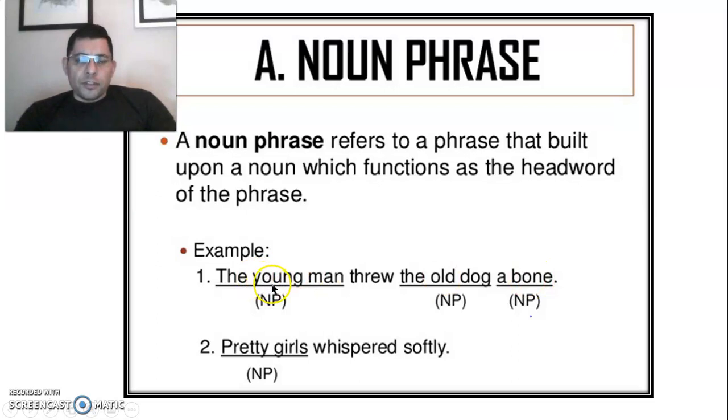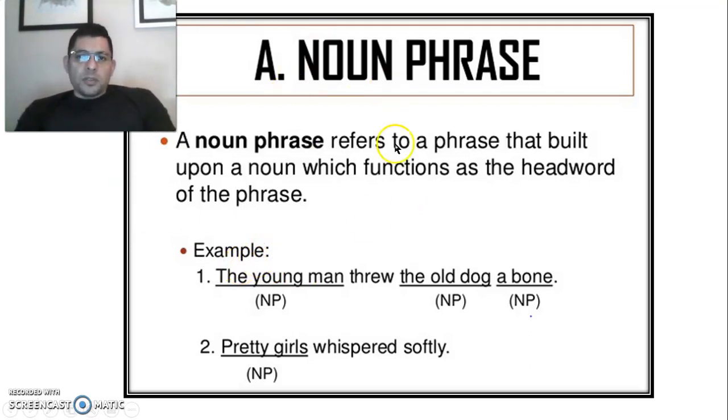In my first phrase, the young man, man is my noun. That is why I was insisting on knowing very well the syntactical category of words when we talk about nouns, adjectives, verbs, prepositions, etc., because all that knowledge is going to be used here in this second part of our morphosyntax class.